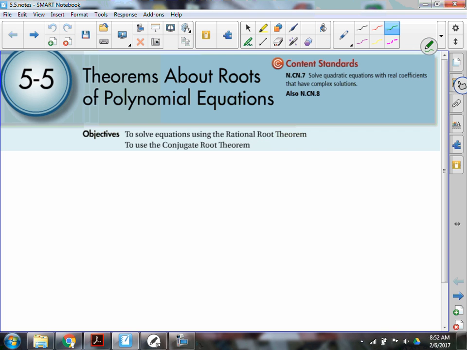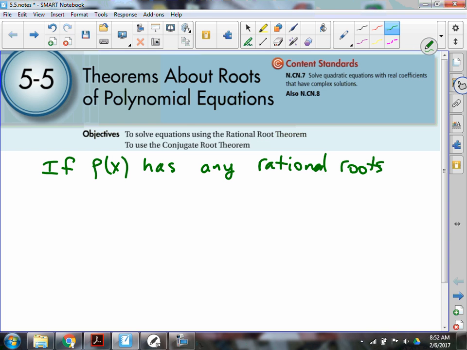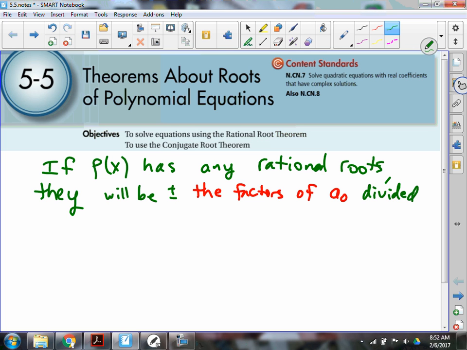The first one says, if P of X has any rational roots, the rational roots will be plus or minus the factors of a sub 0 divided by the factors of a sub n.